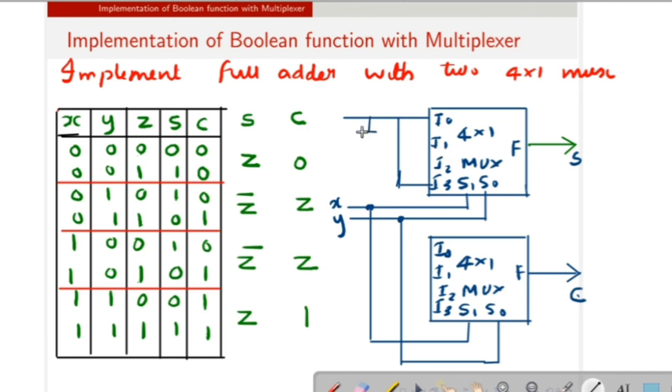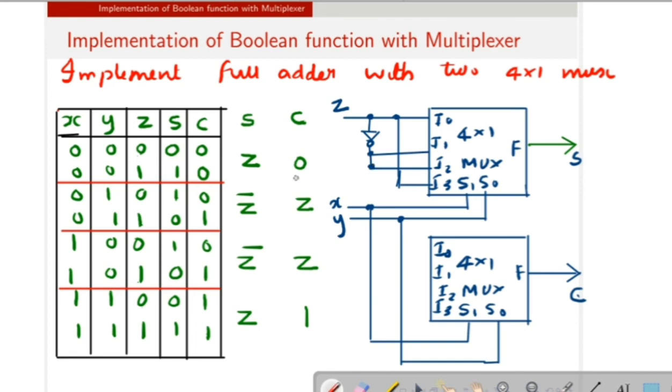Then I1 and I2 are complement of Z. So Z itself is for I0, then I1 and I2 Z bar, then for I3 Z itself, right?